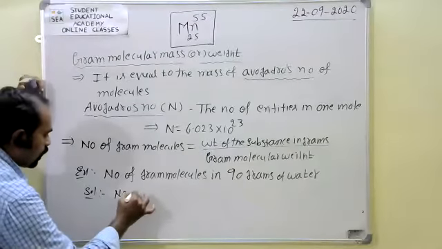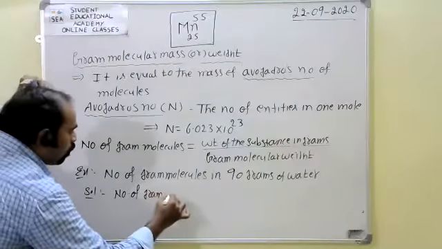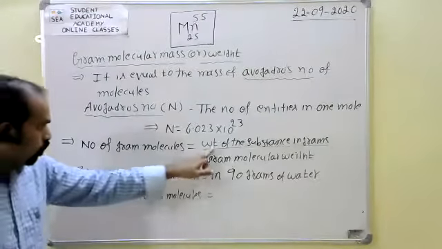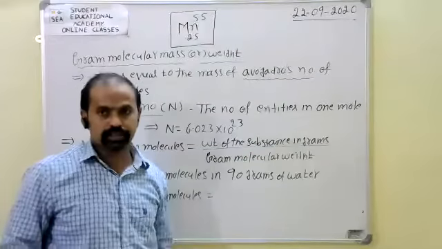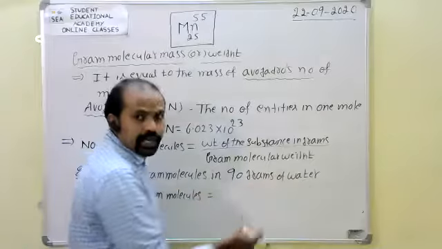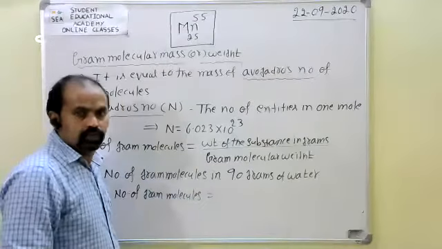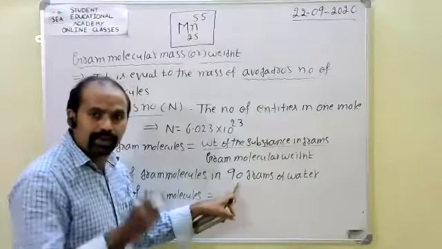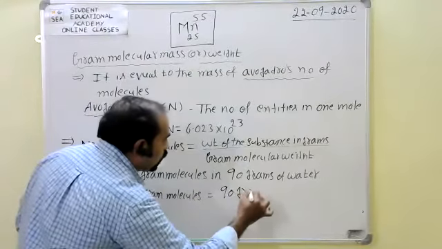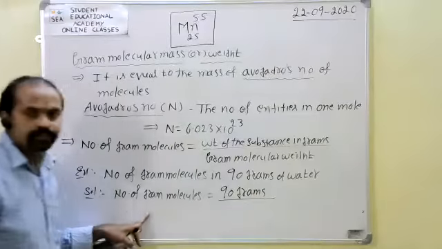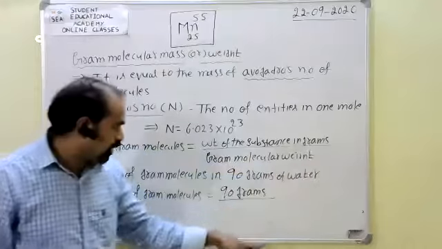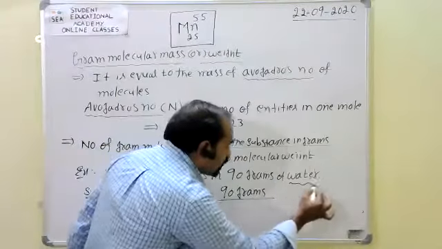The number of gram molecules is equal to the weight of the substance in grams. What is the weight of the substance here? The given substance is water, and its weight is directly given as 90 grams, upon the gram molecular weight of the given substance. Here the given substance is water.